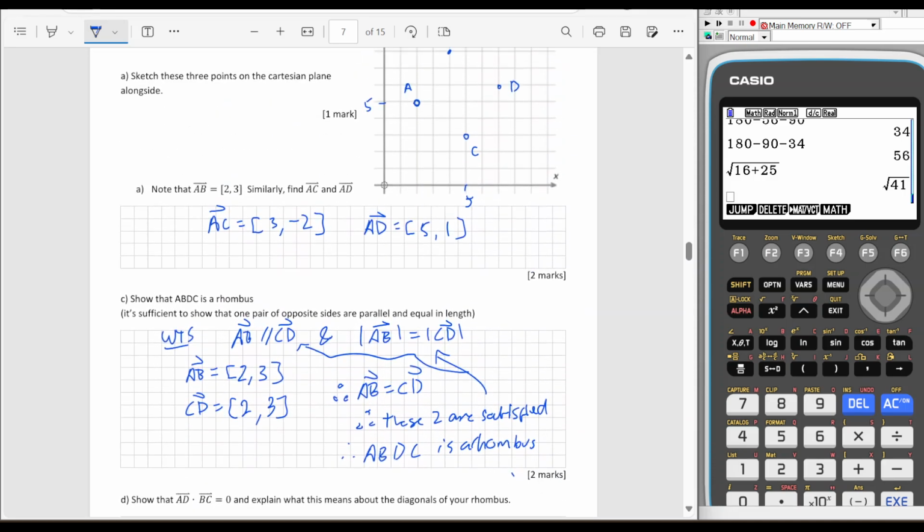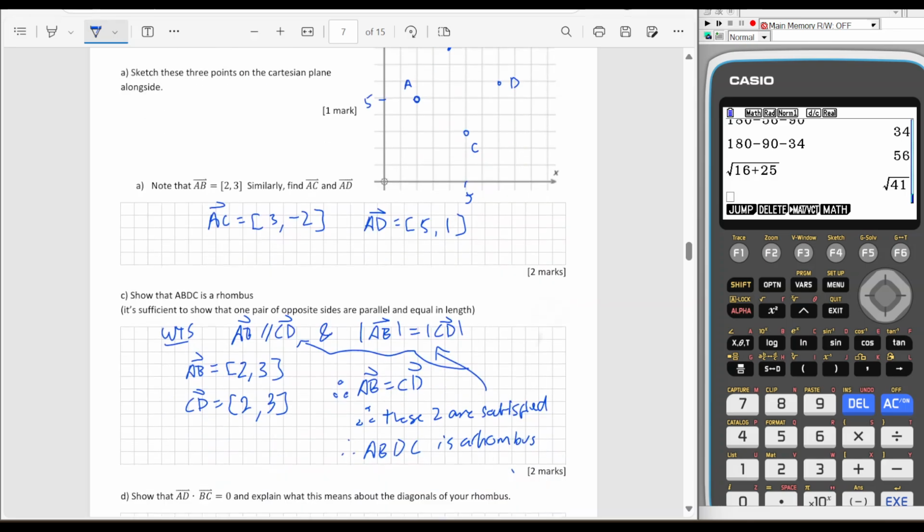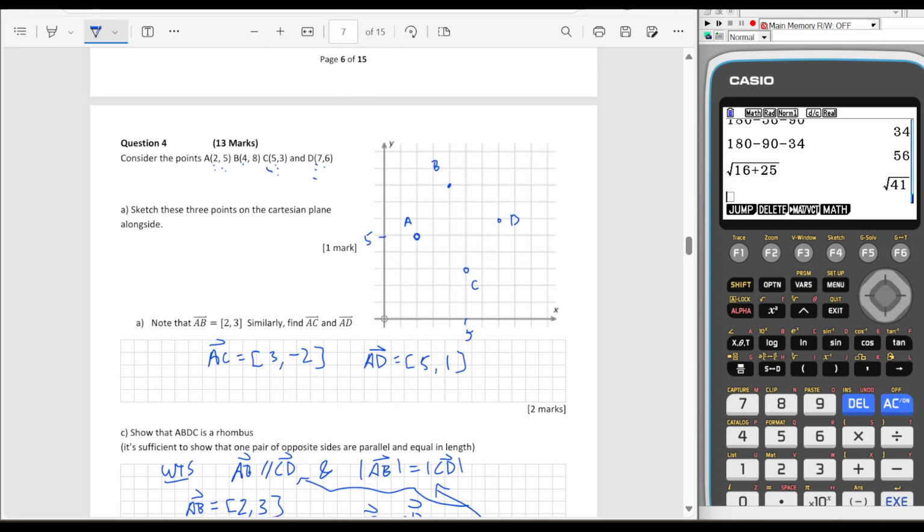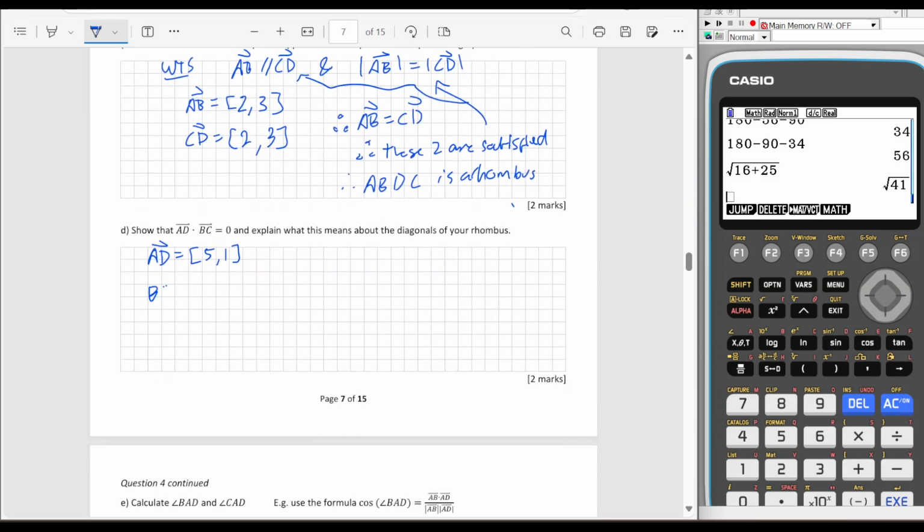Show that AD dot BC equals 0. So AD we worked out before. AD is 5, 1, and BC we can also get. So 4 up to 5 is 1, and 8 down to 3 is -5. AD dotted with BC, it's 5 times 1 plus 1 times -5, which is 5 take 5, which is 0.